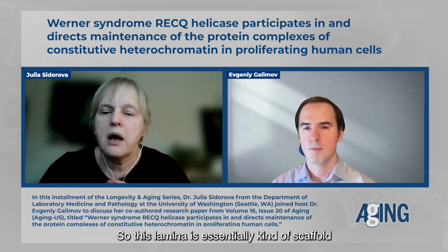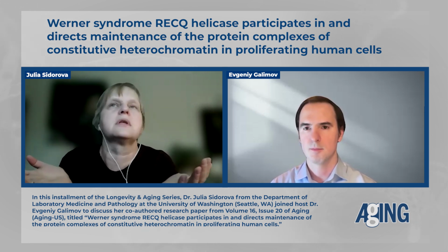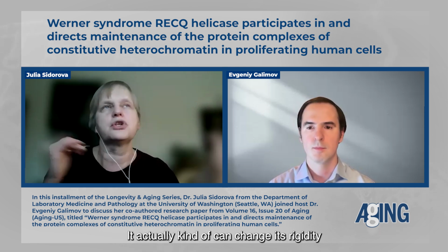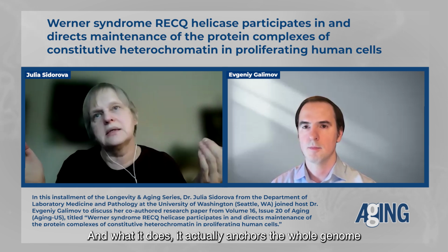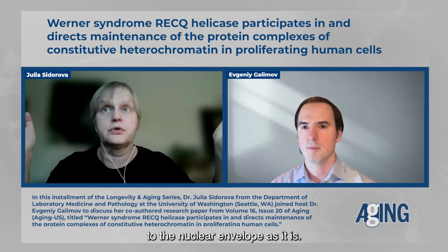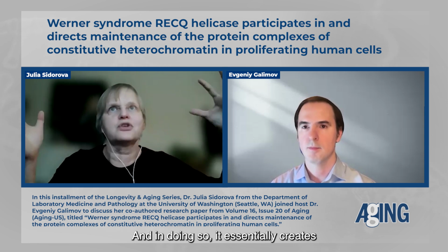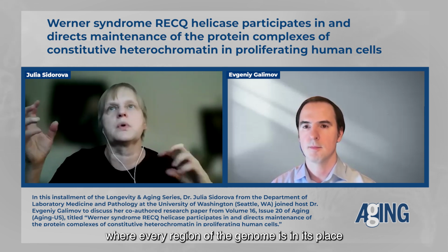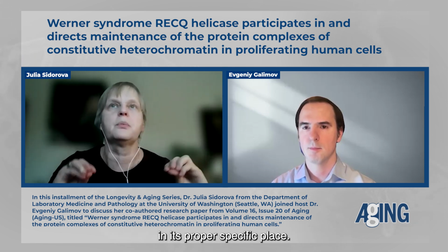This lamina is essentially a scaffold, which is really dynamic. It can change its rigidity depending on the cellular needs. And what it does is anchor the whole genome to the nuclear envelope. In doing so, it enables this 3D structure where every region of the genome is in its proper specific place.